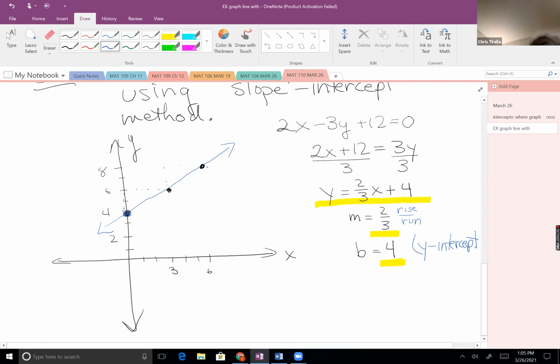And so hopefully, although you guys are probably better at drawing than I am, hopefully your line looks something like this. Any questions on graphing using the slope intercept method?